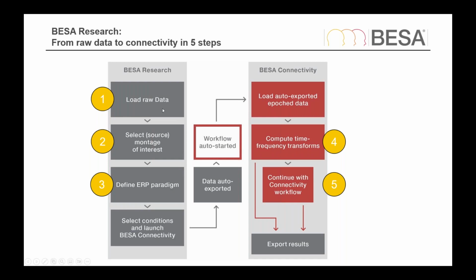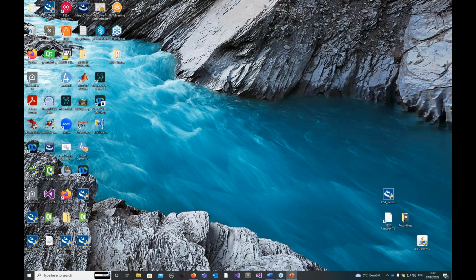First, load the raw data, select the montage, our source montage of interest, define our ERP or ERF paradigm. Then we'll launch BESA Connectivity. We compute the time frequency transformations and then do the connectivity workflow in order to figure out what the connectivity is. And now I'd like to show you how that looks.